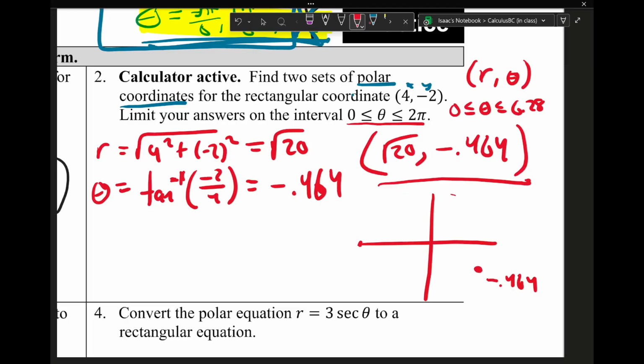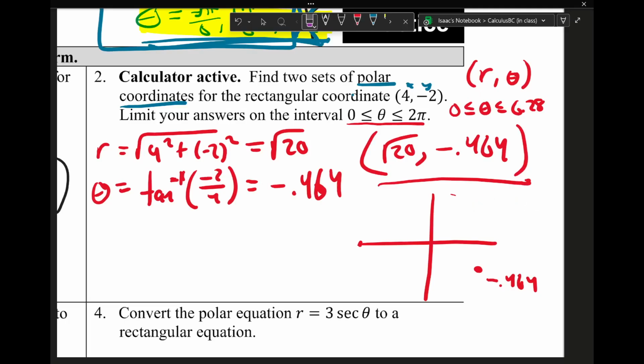Where's another spot that would have the same tangent value? I'm sorry? Well, that would be up here. That doesn't work because sine and cosine are both positive here. So sine divided by cosine would give you something positive, not something negative.